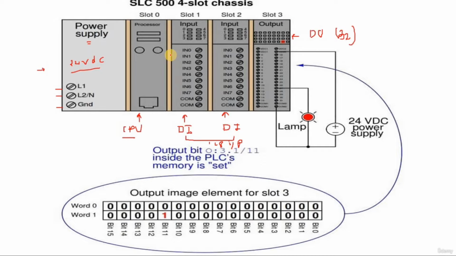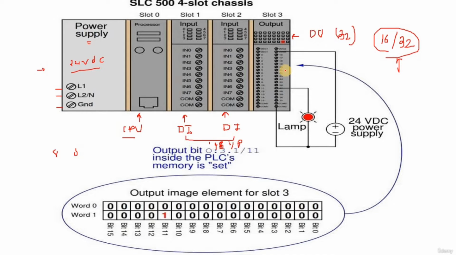Means in this PLC we have a total of 16 inputs, 0 to 7 and 0 to 7, 8 plus 8, 16 inputs. Similarly, if you observe this output card, there are a total of 32 outputs. This PLC is available with 16 inputs and 32 outputs.